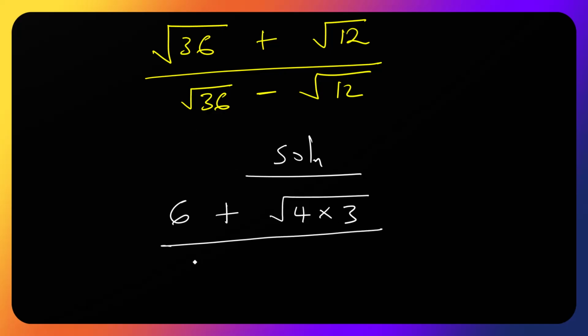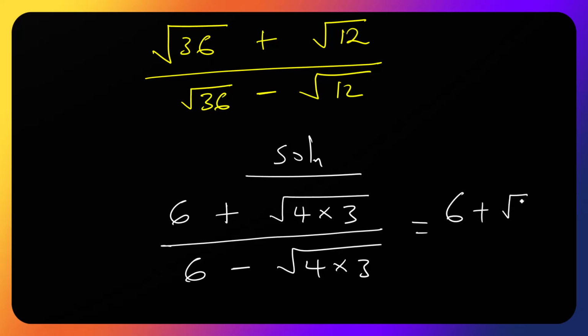We have the same here, 6 minus 4 times 3 is the same as 6 plus square root of 4 times square root of 3. 6 minus square root of 4 times square root of 3. Okay, so we can bring this one out.